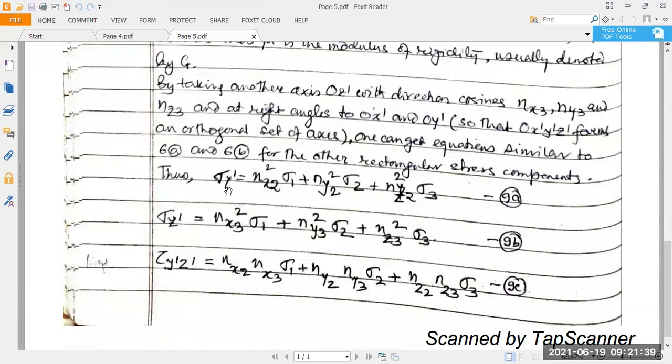This is nx, ny dash, z dash, tau z dash.